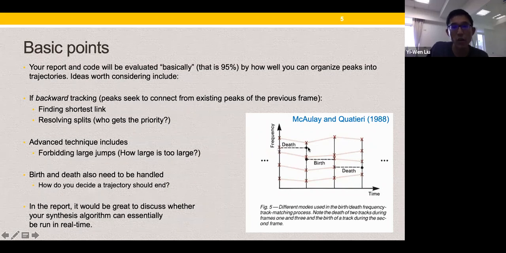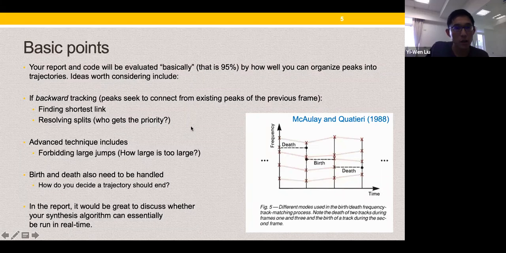This is a death we are talking about. Is that clear? I'd like to pause a bit. What is meant by the death of a peak? So some peaks might not be able to continue. Okay, clear. Thank you.